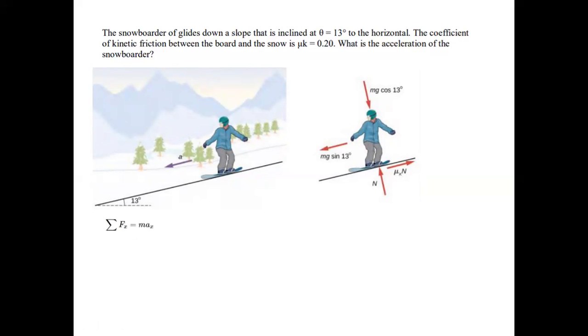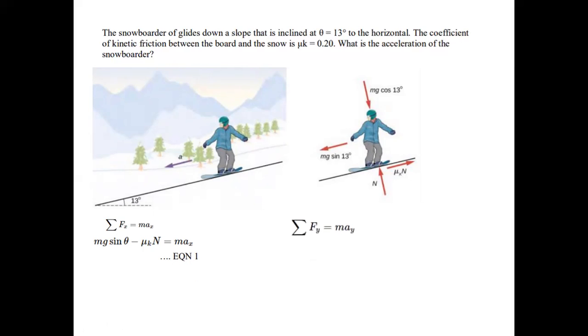Now, if we're going to consider the summation of forces, sum of Fx with the inclined would be equal to the mass times the acceleration. This gives us, for forces moving towards our left is positive and towards our right is negative, mg sine theta minus the kinetic coefficient of friction multiplied with the normal force equal to the mass times the acceleration. Now, this is our first equation.